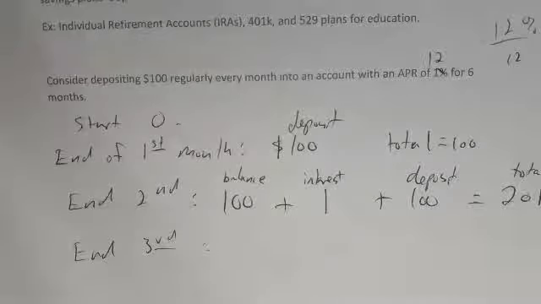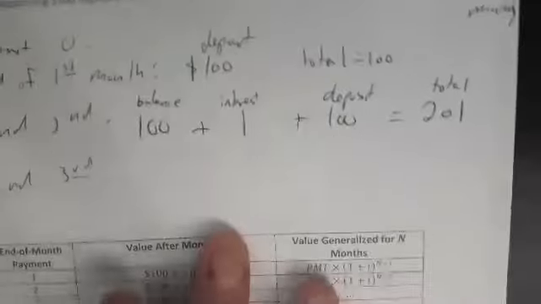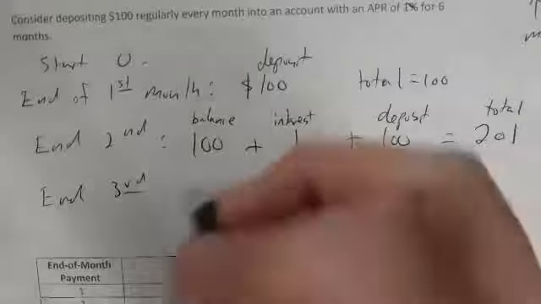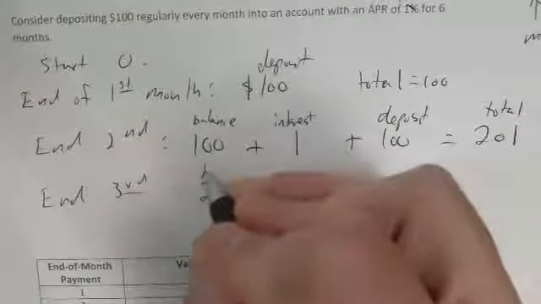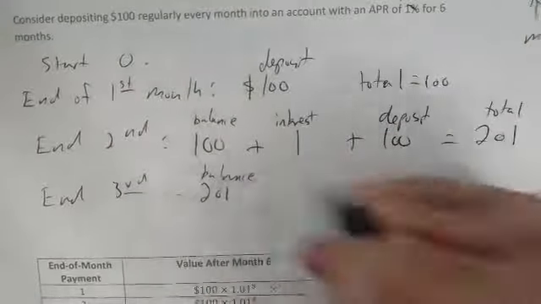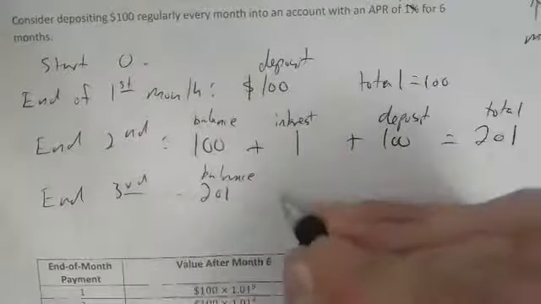This is going to get progressively harder to figure out this way, but my total is now $201. I have a $201 balance, an interest of $2, and a $100 deposit. This is going to give me $303.